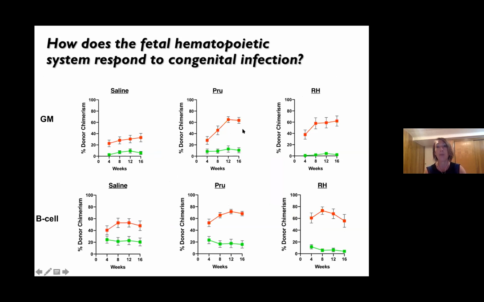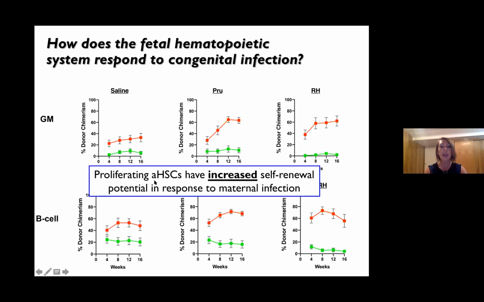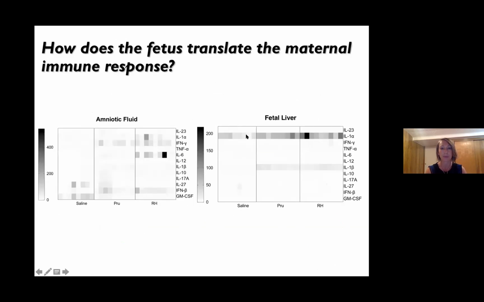So both our Pru infection, the less virulent infection, and our highly virulent infection result in adult HSCs that have much greater output as compared to the controls. So these proliferating adult HSCs actually have increased self-renewal potential in response to maternal infection, which is again very counter to the data that comes out of infections in adult hematopoiesis.